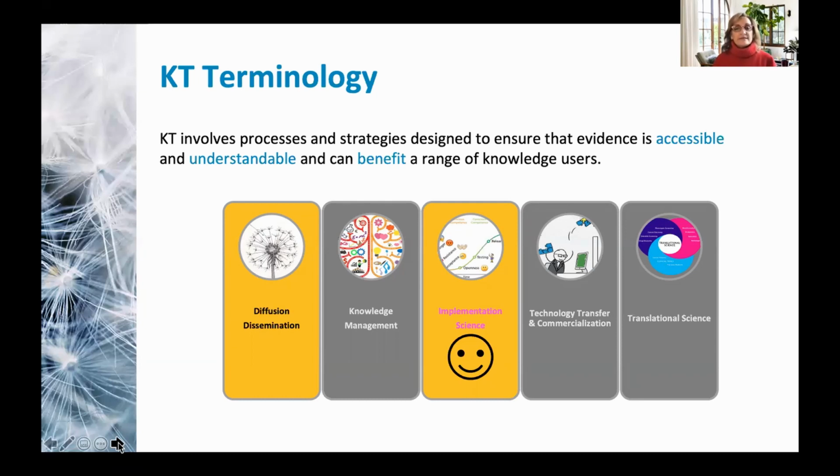And the emphasis largely is not just people in academia, but people outside of academia. So who are the knowledge users and the people who might like to know about our research evidence? We do diffusion, but really more targeted dissemination: sharing evidence with people, making it accessible, making it understandable.